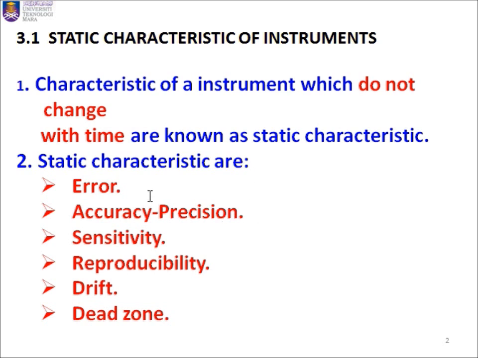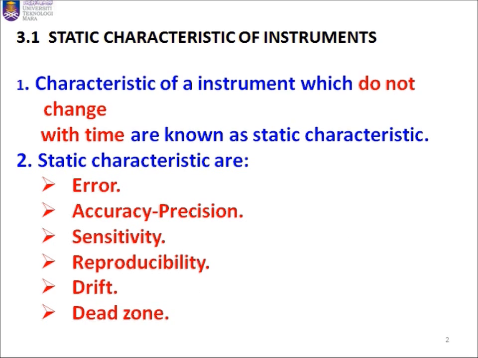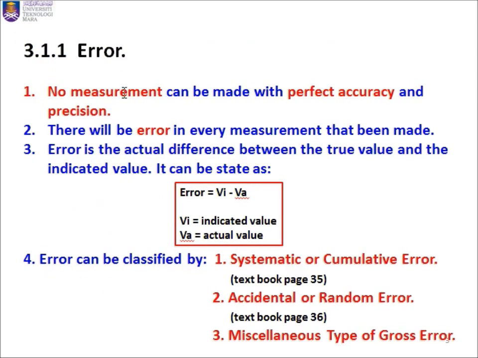Okay, first is error, second is accuracy and precision, next is sensitivity, reproducibility, drift and dead zone. Okay, first is error.